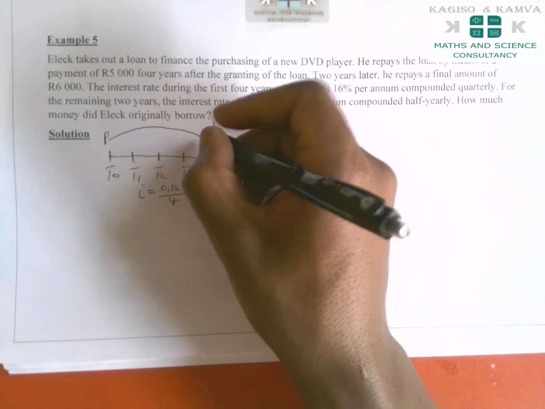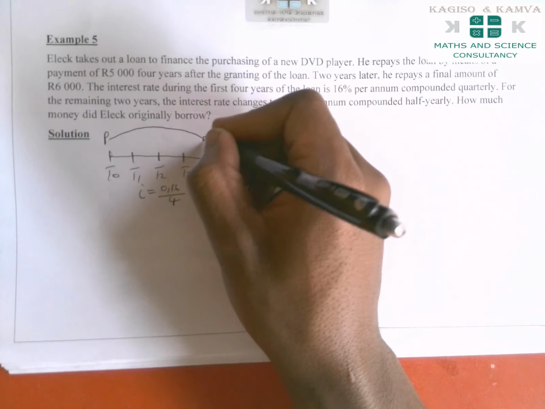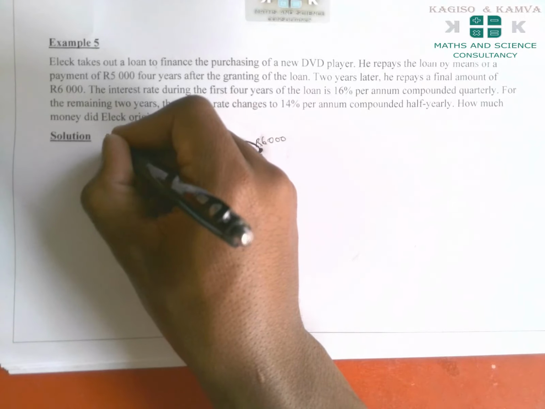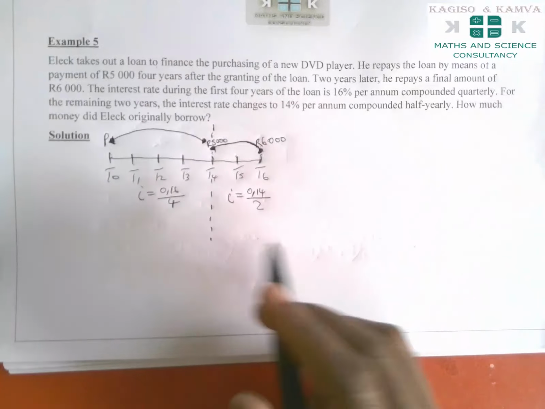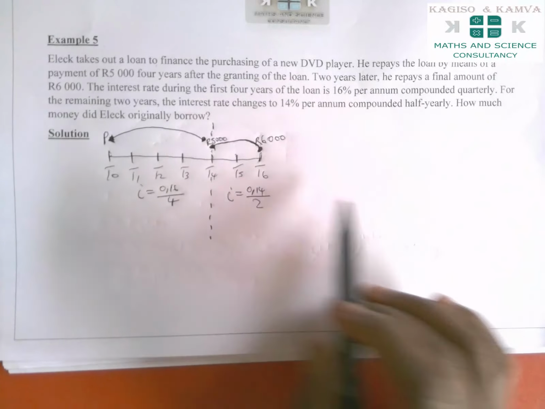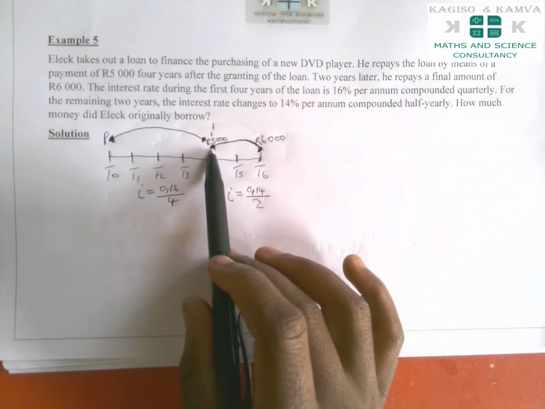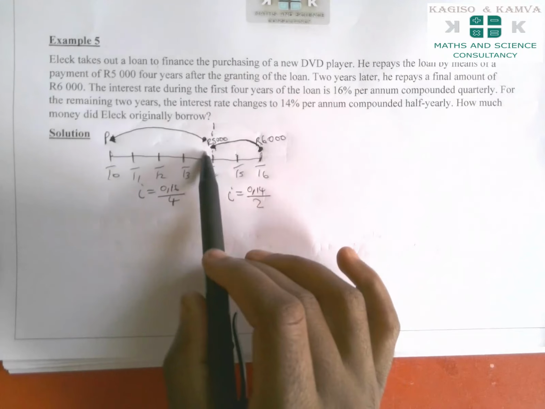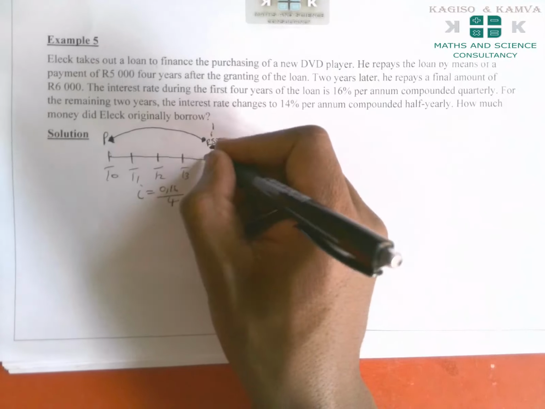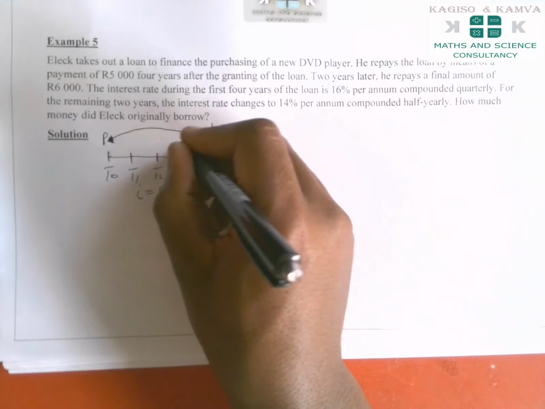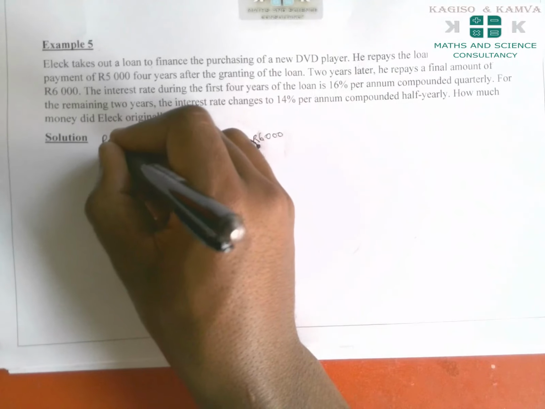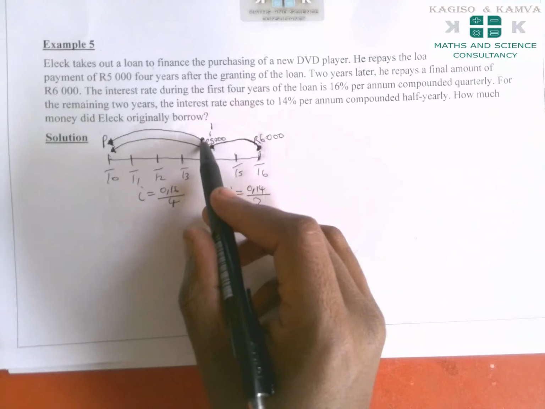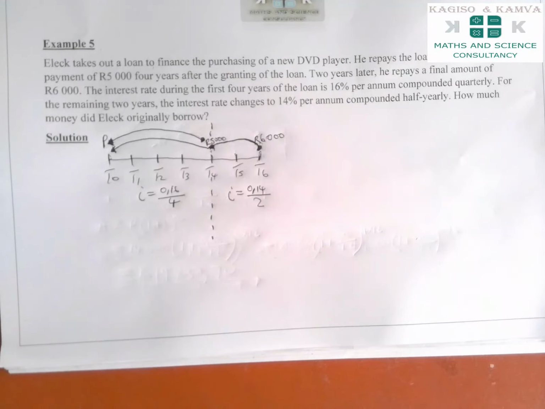This 5,000 will also have to take the interest rate, because it comes here and then moves back to there. The 6,000 will just take this part of the interest rate.